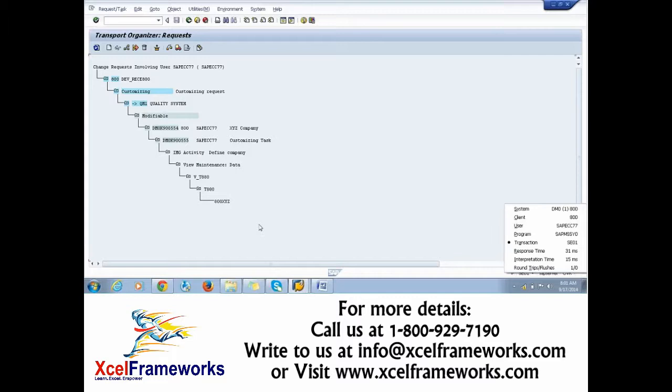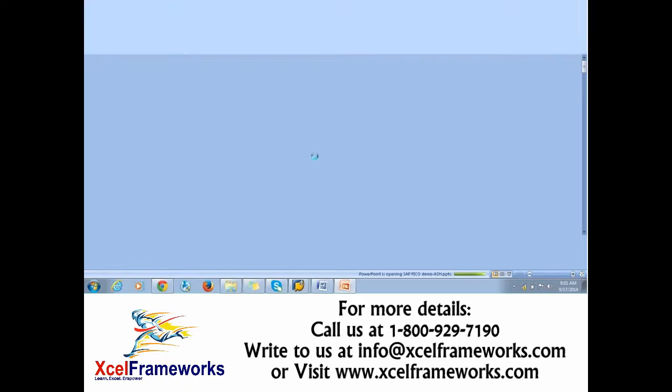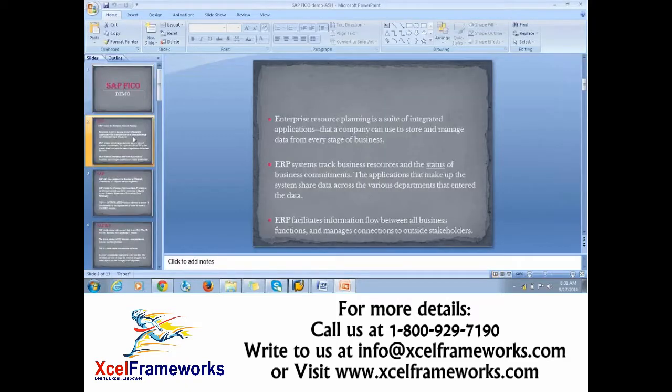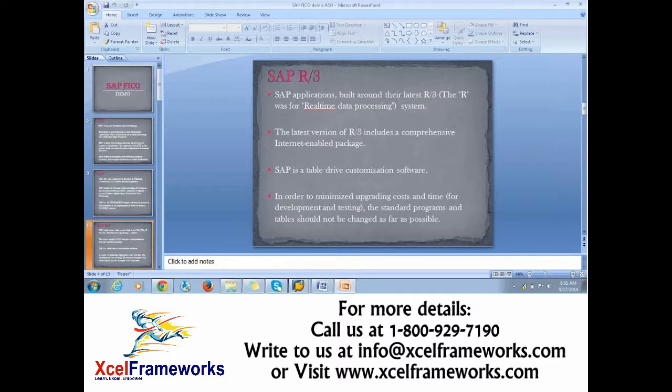In the demo session, I told you that SAP is table driven software. If you do not remember, I will show you once again. See, SAP is a table-driven customization software.